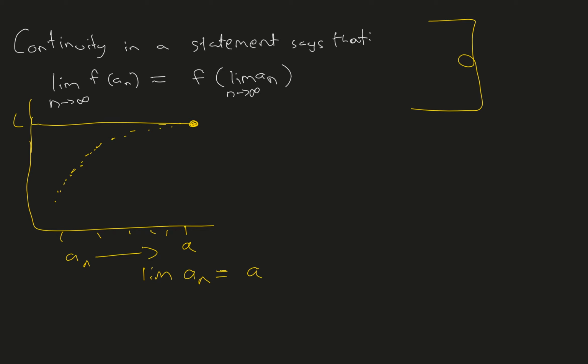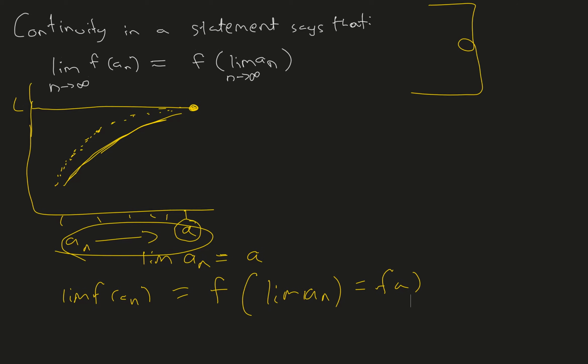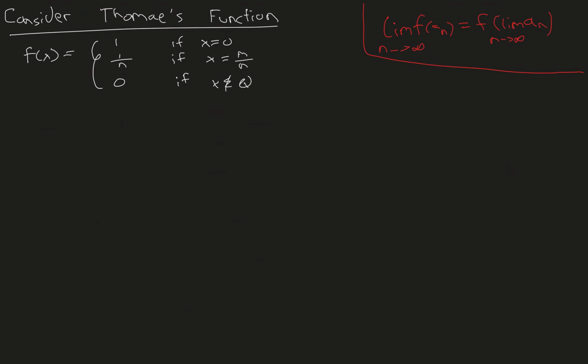If a function is continuous at the point a, then the limit of f of an, these terms right here, should be equal to f of the limit of an, which is equal to f of a. If this is equal, then we say the function is continuous at that point. Remember, in this video we're looking at continuity at different points.